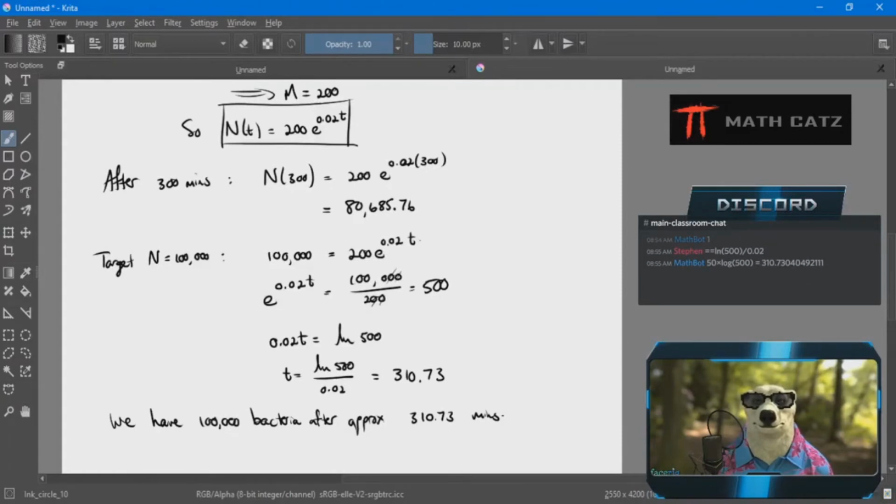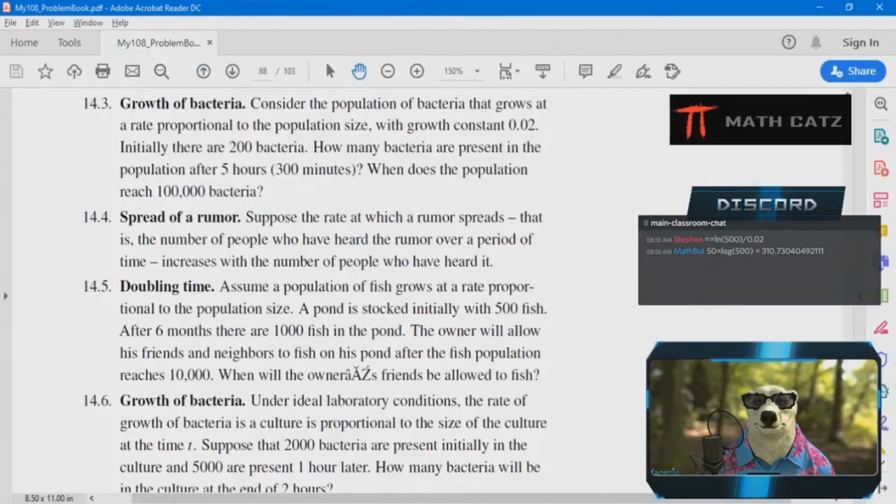So the point here is we have a question that's answered really in two parts always. The first part is translating the key information about how the population grows. And for our purposes, it's always going to be at a rate proportional to the population size. That translates to a differential equation.